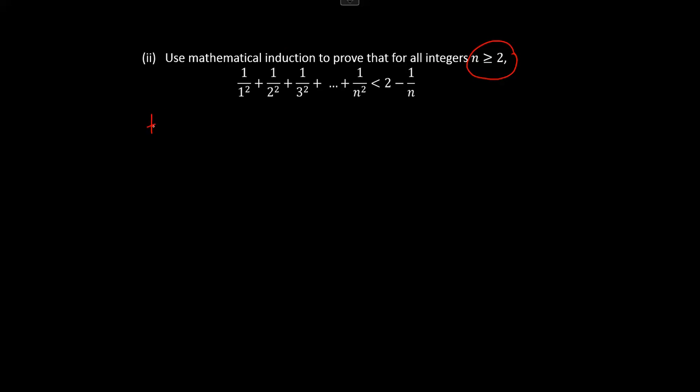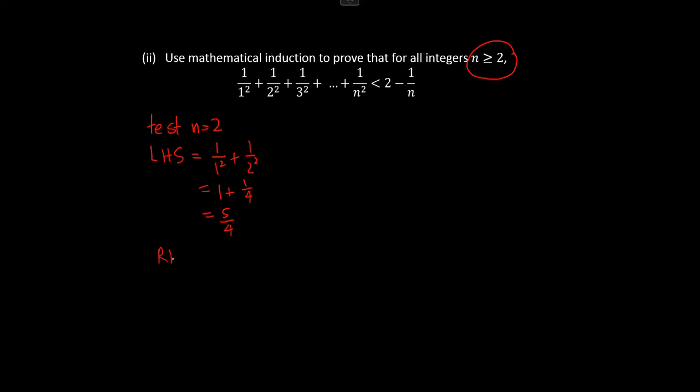So we're going to test n equals 2 first of all. When we do that, the left hand side is going to equal 1 over 1 squared plus 1 over 2 squared, which is of course 1 plus a quarter. So that's 1 1/4 or 5 over 4.